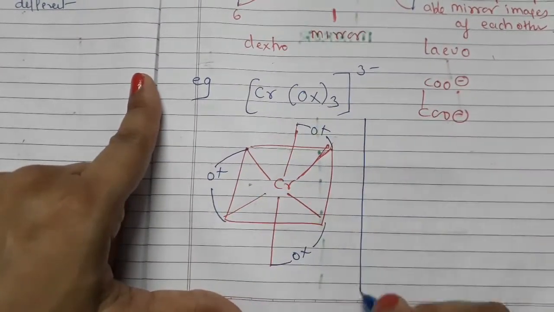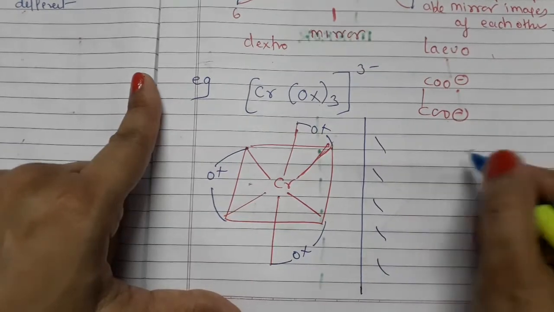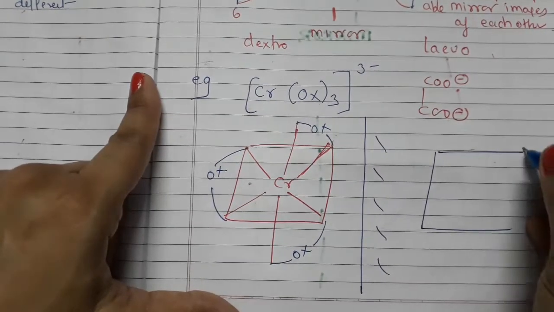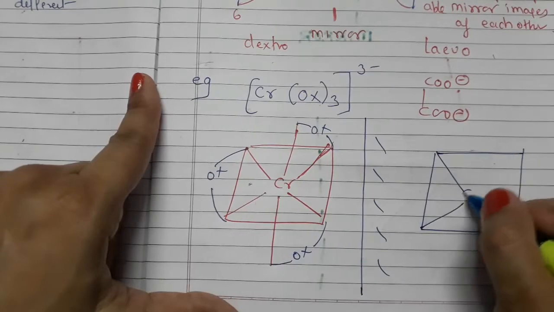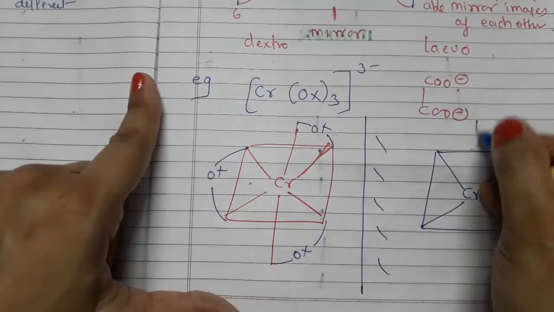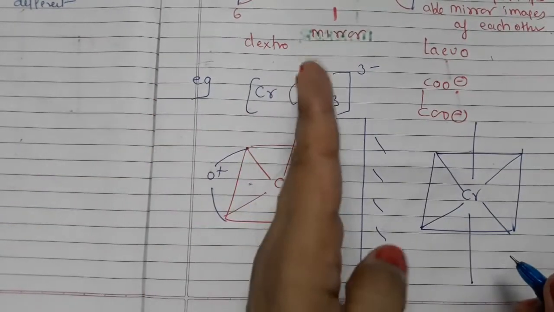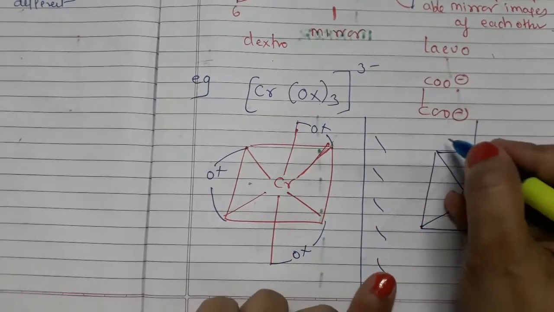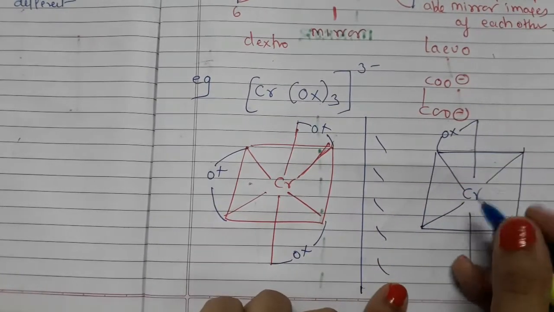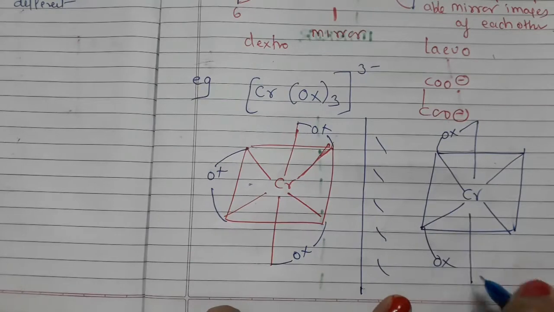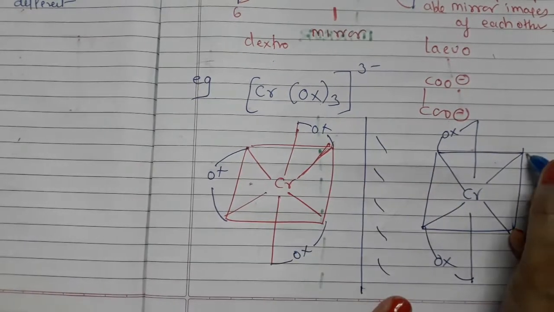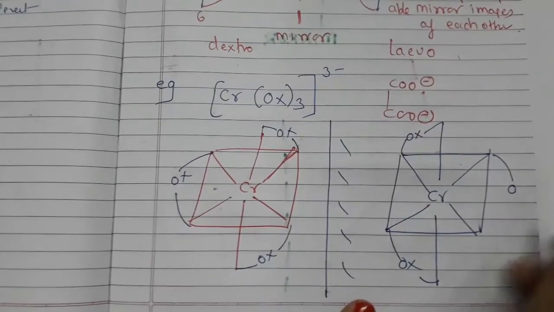Now, place a mirror over here and try to draw the mirror image of the same structure. When you place the mirror over here, these groups will immediately come here. So, I will write here OX, then I will write OX and this will go on that side, that is OX.